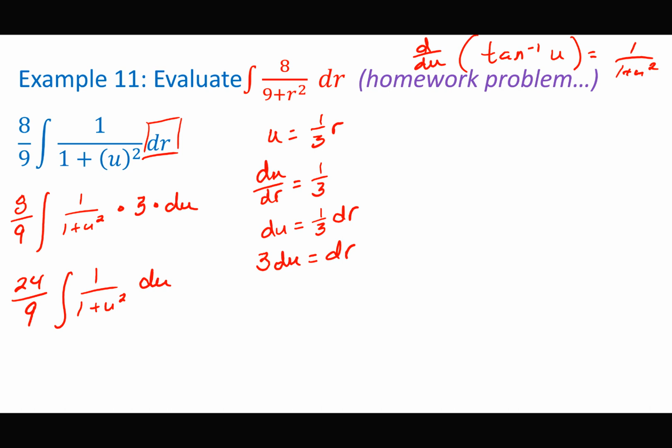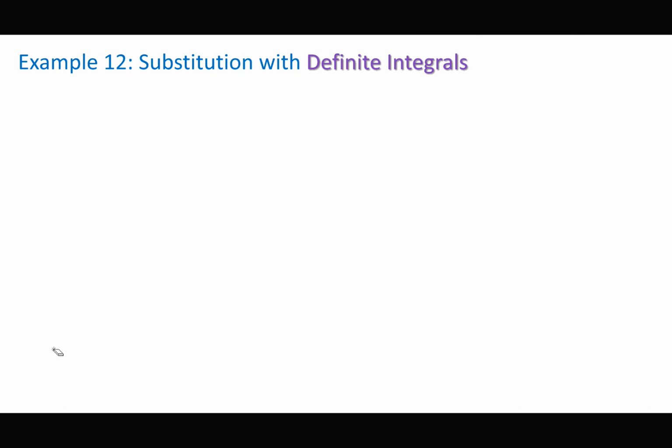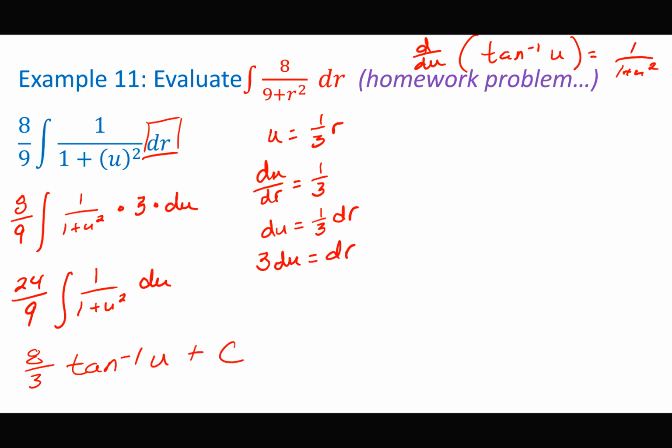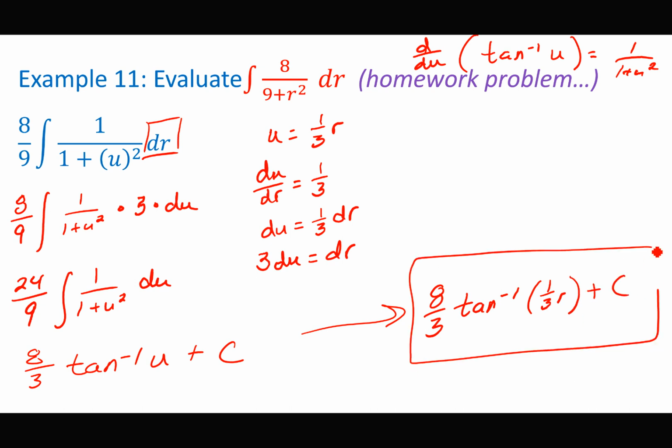I have the green light to actually anti-differentiate. 24 over 9, I could simplify to be 8/3. So this is 8/3 tan inverse of u plus c. And then last step, actually replacing our u with the u we chose, which is 1/3 r, plus c, is that final answer.